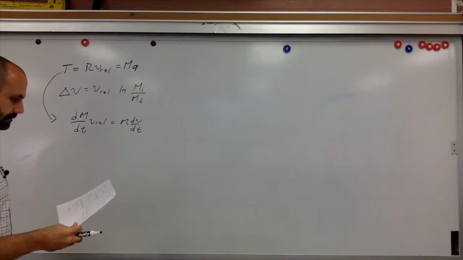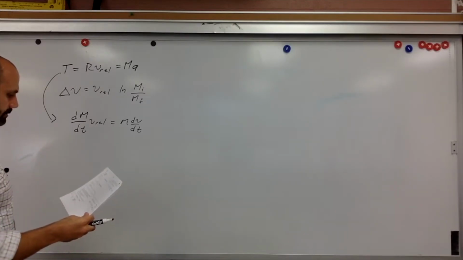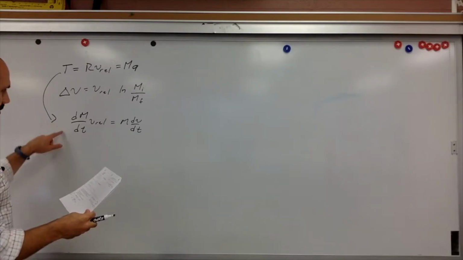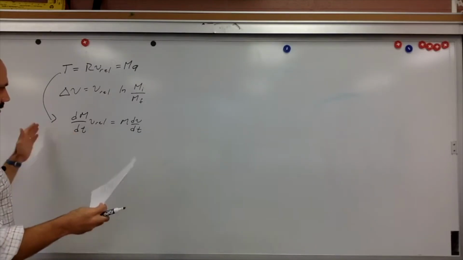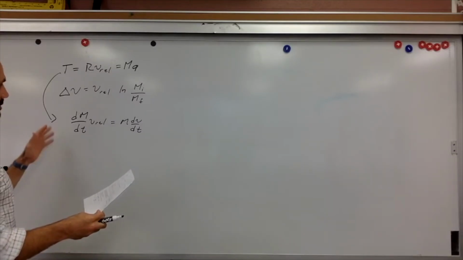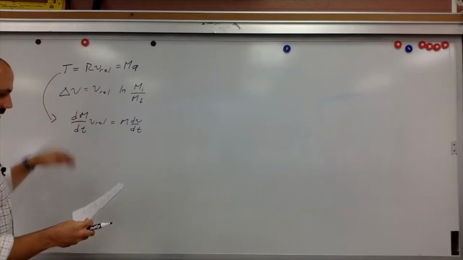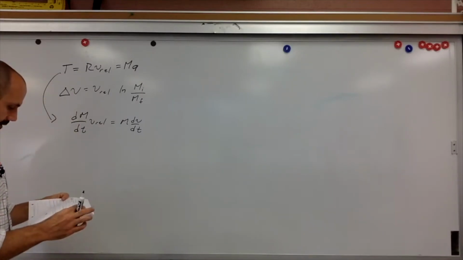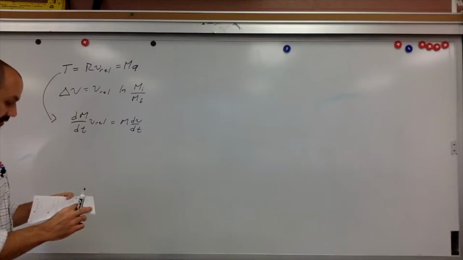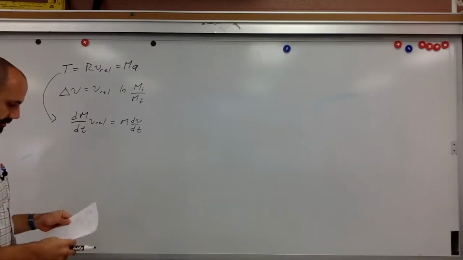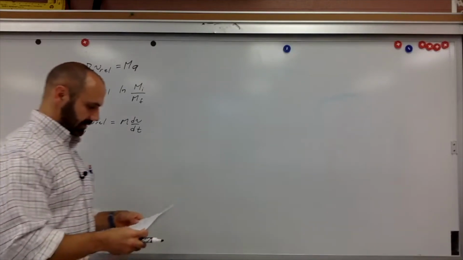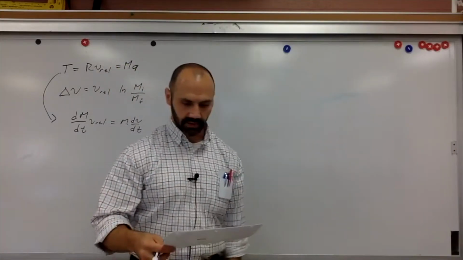And if you follow this through and add up over a period of time, so you know your initial and final mass, then you can actually get back to this equation, which is what is done in the derivation. So let's move on to the examples and take a look.